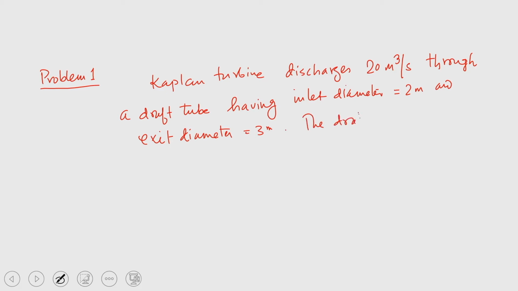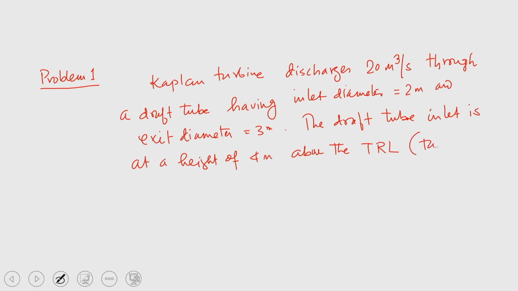The draft tube inlet is at a height of 4 meter above the tail race level. Okay. Efficiency of the draft tube is given as 90%.